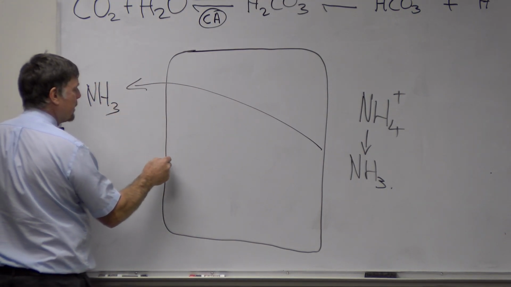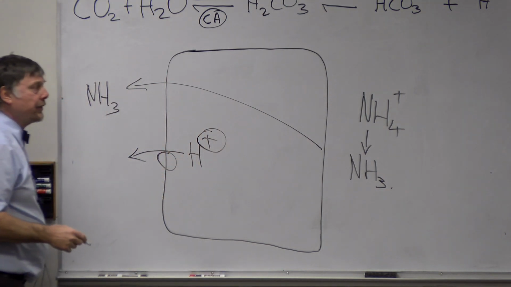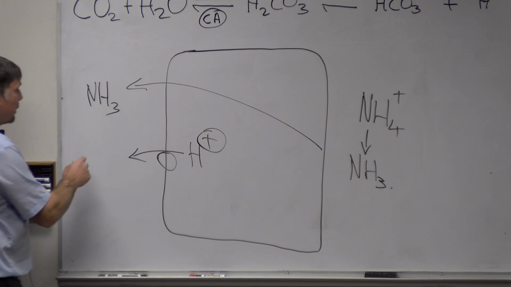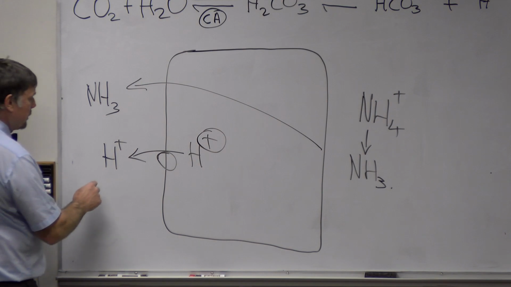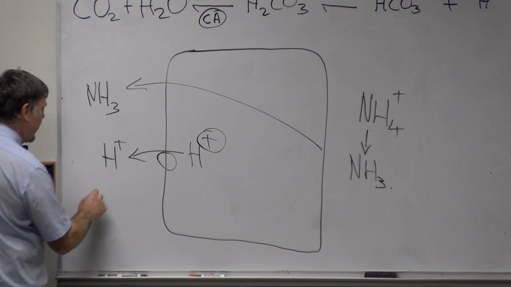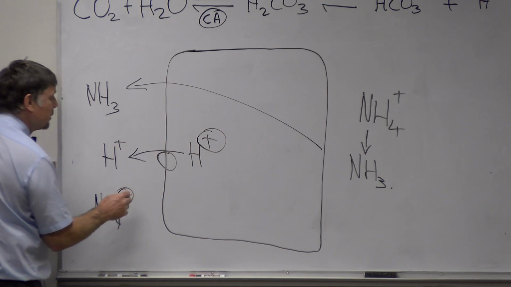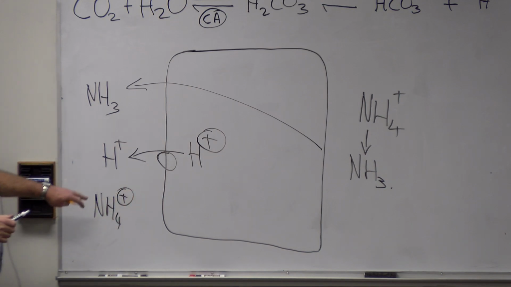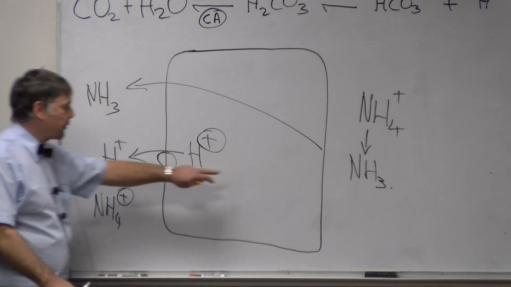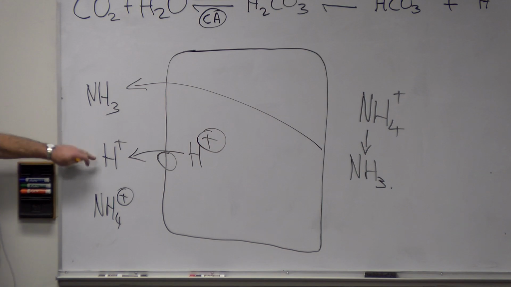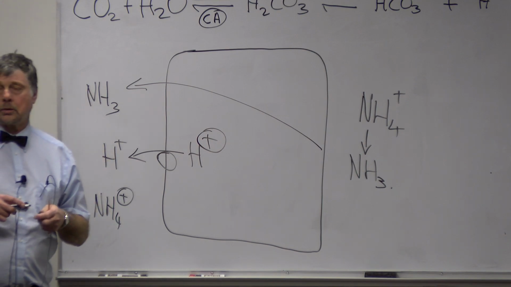So the NH3 comes to here, and remember, you're pumping hydrogen ions like crazy out of this intercalated cell, and that then combines with the ammonia, and the NH4 plus can't be reabsorbed. It's what's called diffusion trapping. The ammonia diffuses through here, traps that hydrogen ion, becomes ammonium, and gets peed out. Okay?